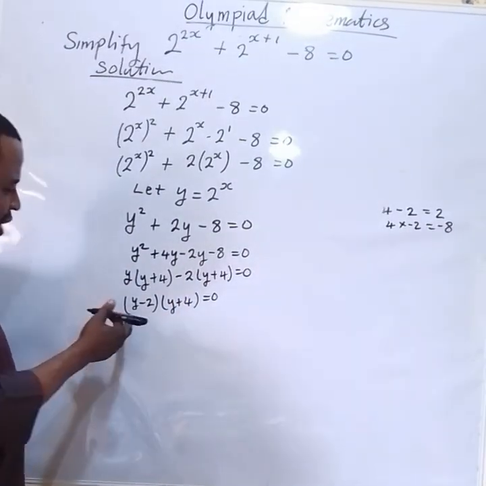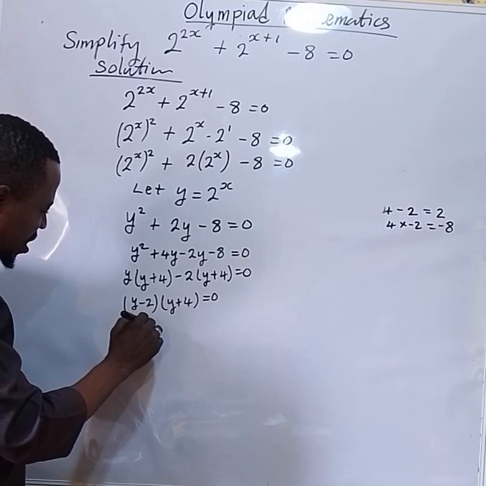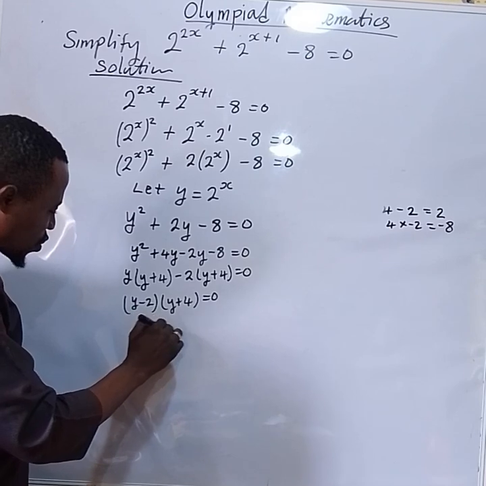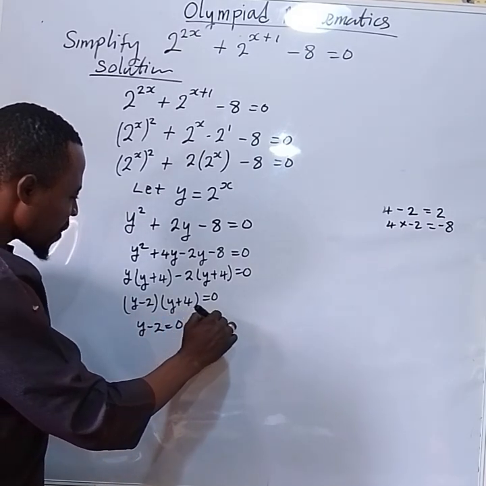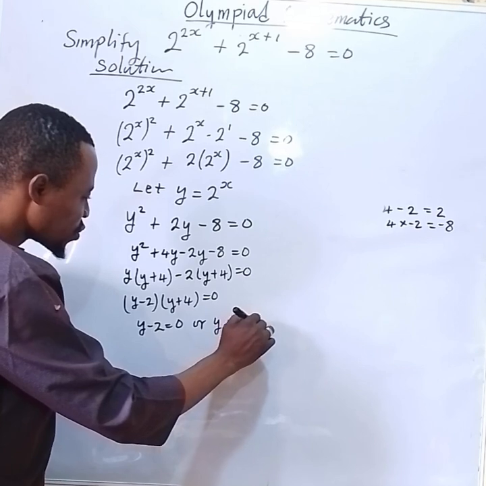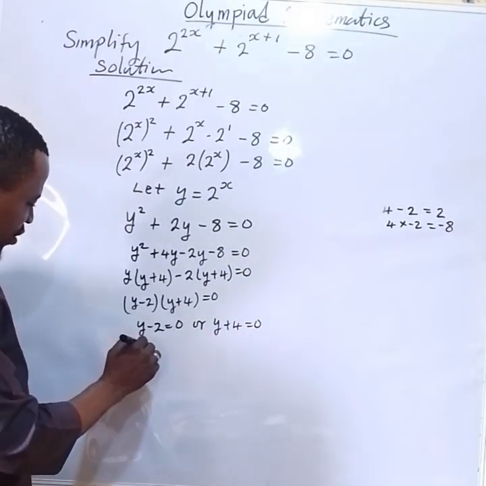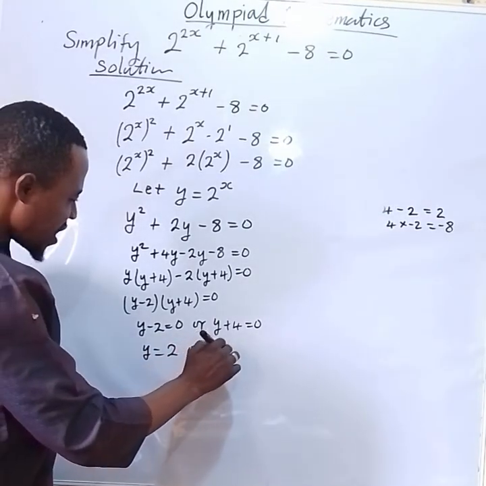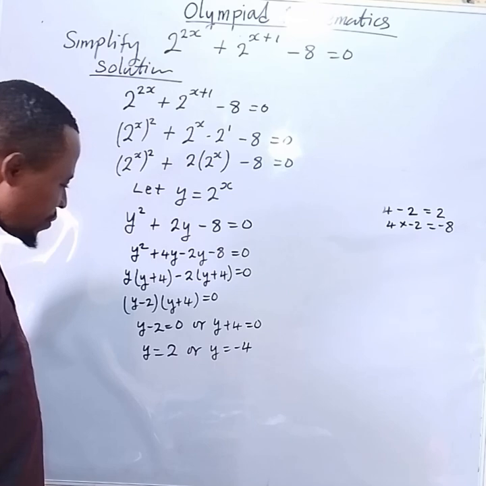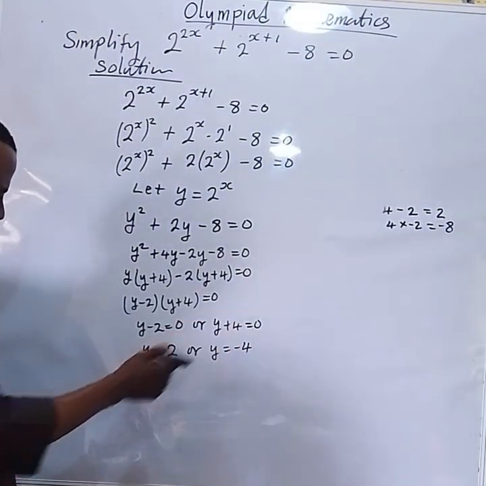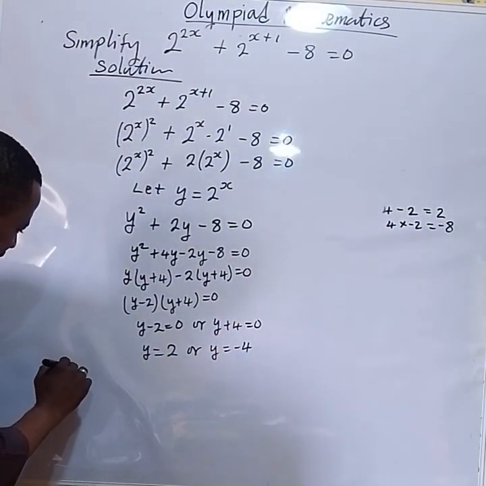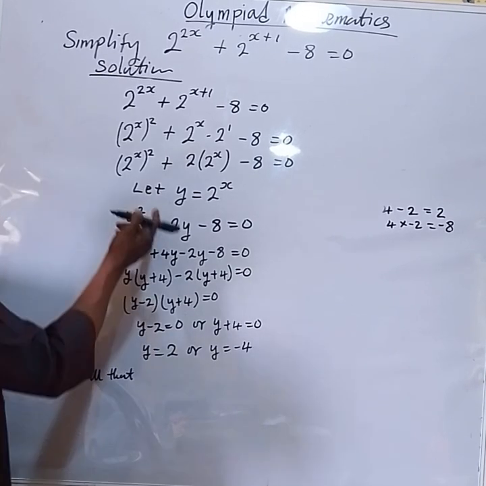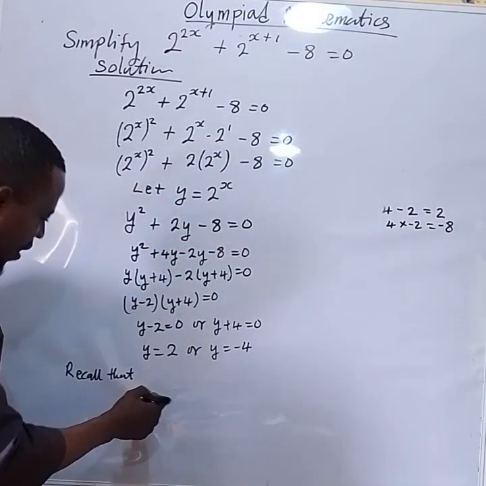Are we together? So as we now have it like this, it will give us y minus 2 equals 0, or y plus 4 equals 0. So now it will give us y equals 2, or y equals minus 4. Now that we have it like this, you go back and recall that here we let y equals 2 raised to power x.